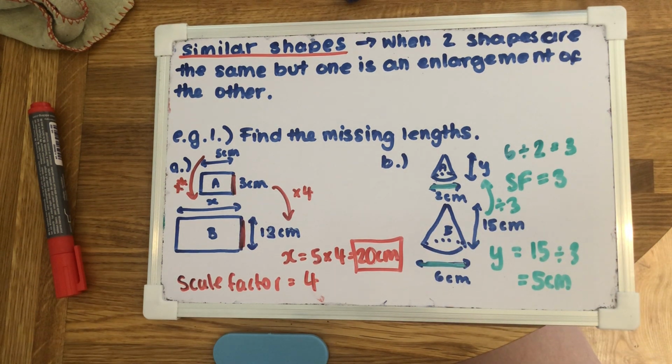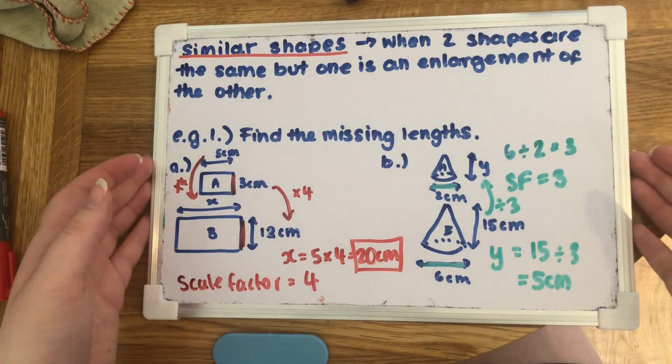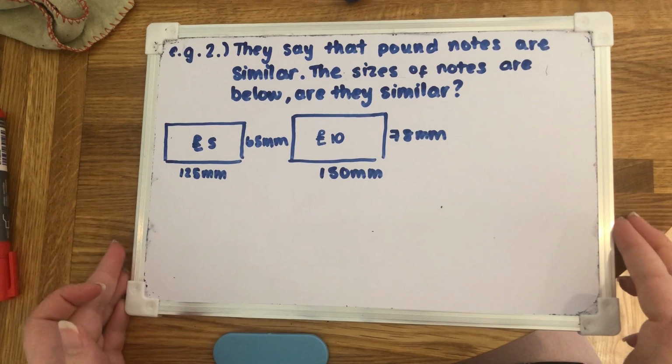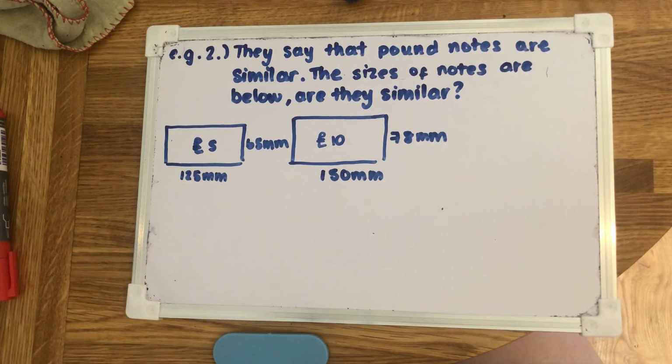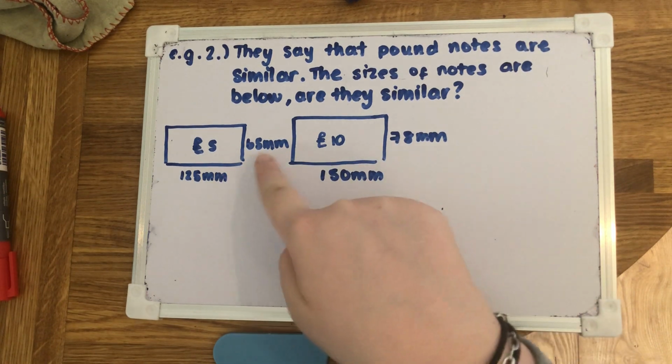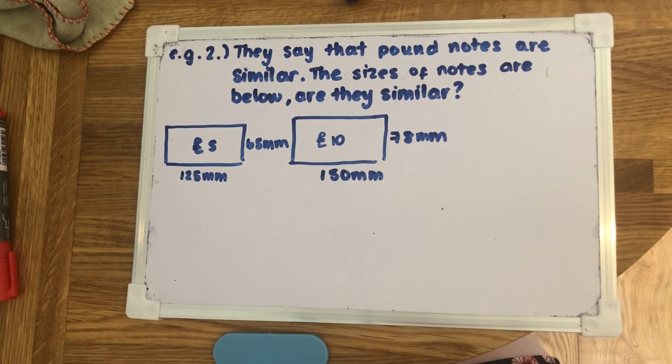So they're the basic questions that you could get. I have done a wordy one, because I have seen a couple of these sorts of questions before. They say that pound notes are similar. The sizes of the notes are below. This is the size of a £5, £10, and they've got the lengths of them in millimetres here.